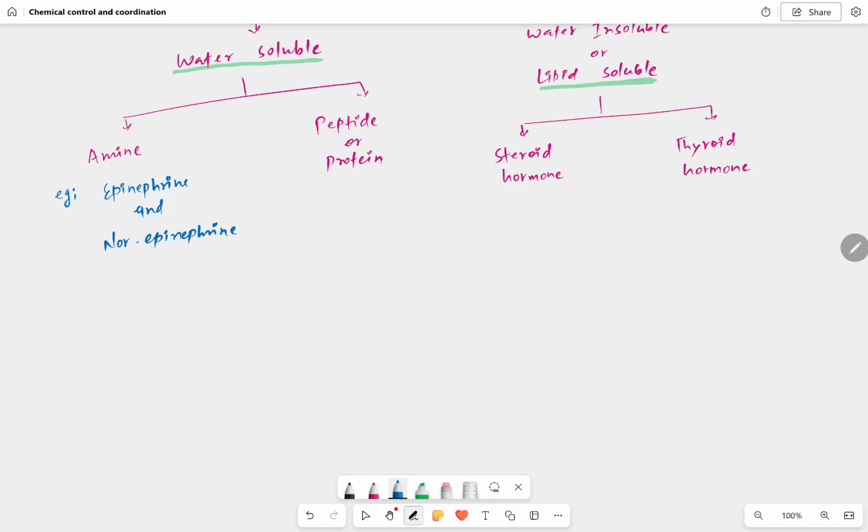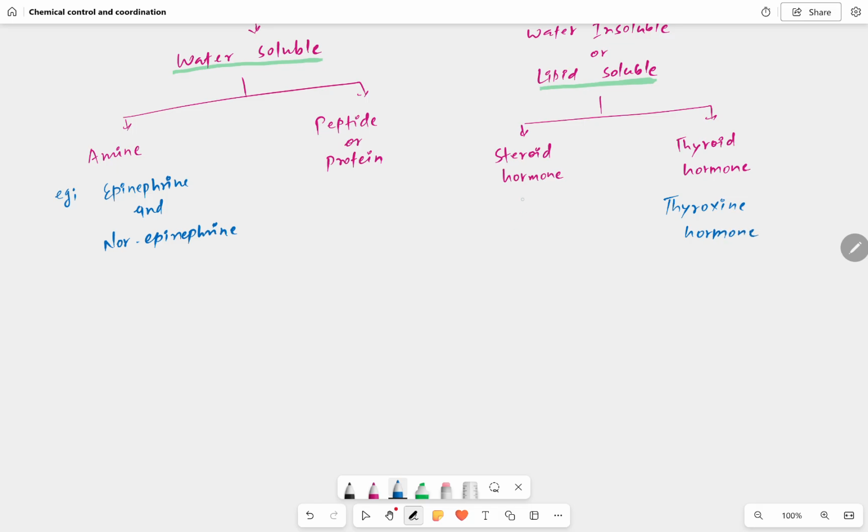Now come to the thyroid hormone. The example is the thyroxine hormone, which is either T3 or T4.